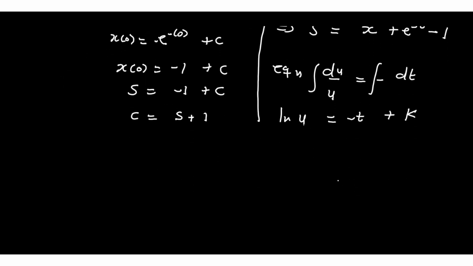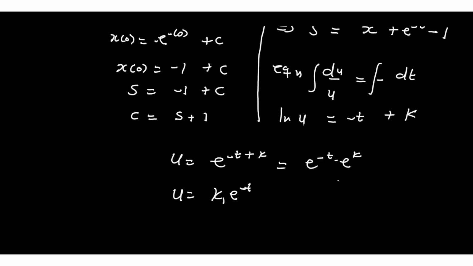We take the anti-log of both sides, and then we have u equal to e to the power negative t plus k. We can split that. We know that this is the same as writing e raised to the power negative t times e raised to the power k. You all agree with that? If that is the case, we can label all this as one constant, let's say k1. We have u equal to k1 e raised to the power negative t.